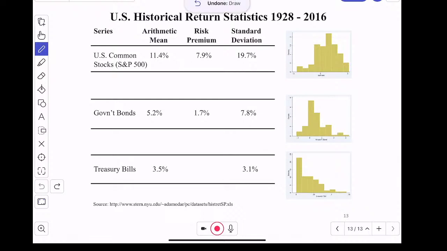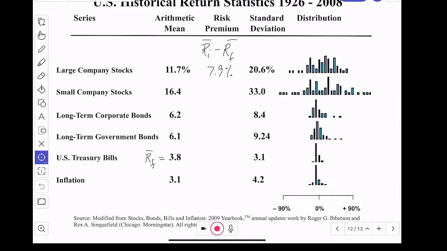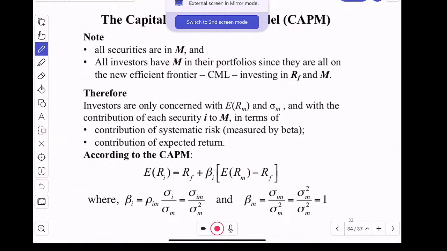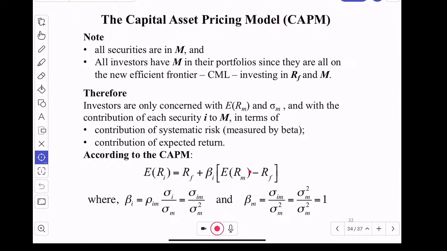So what I did here is I did asset class by asset class. What we're going to talk about now is the market. So this is, I don't use the average, I use the ERM, right? Because we are talking about it being the average, but in the more general sense, if we have ex ante or ex post data, we write this symbol.